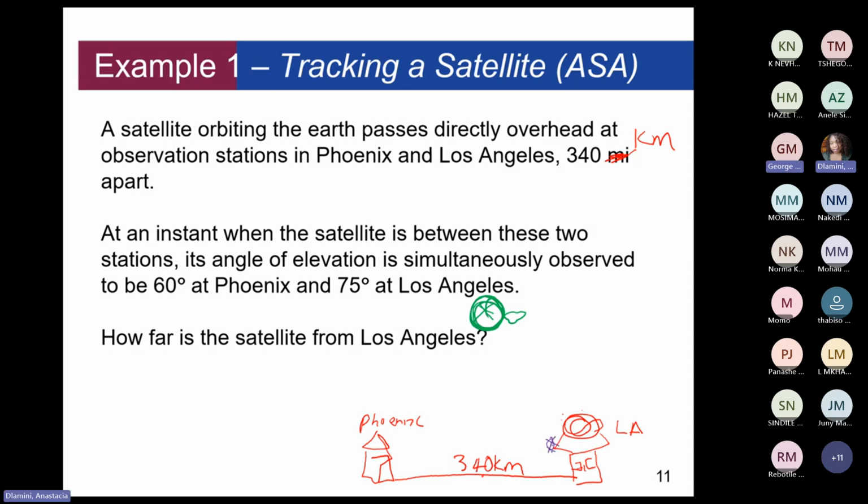You are standing at the bottom here, inside this building, and you're looking up. That's elevation. At an angle of what? 75 degrees.